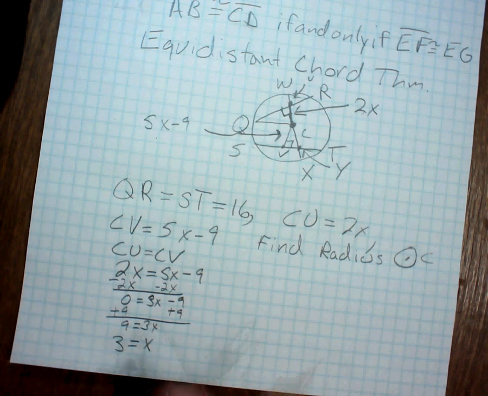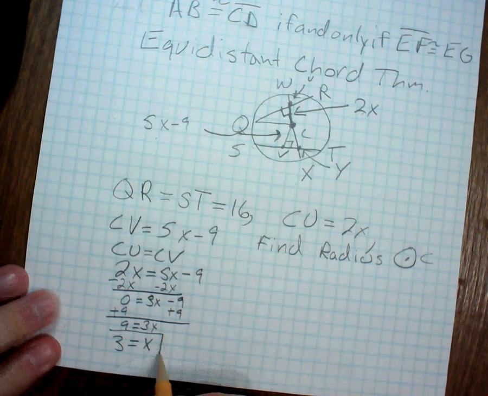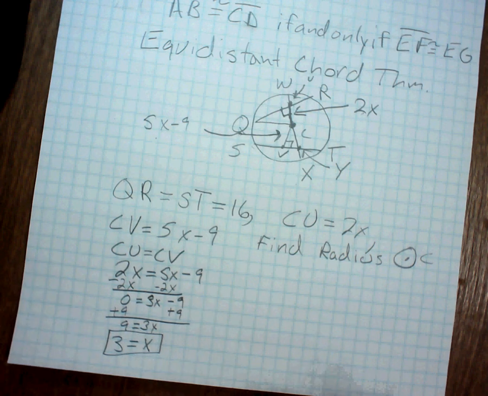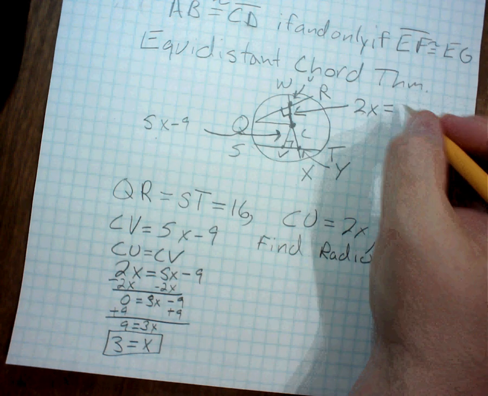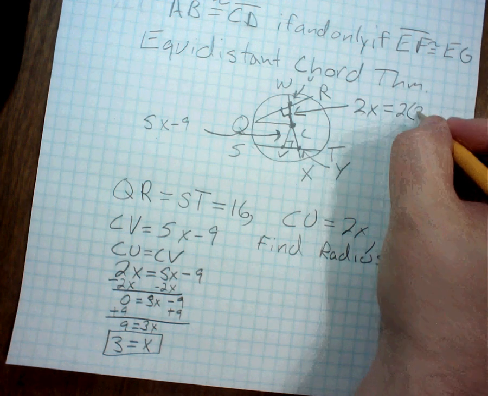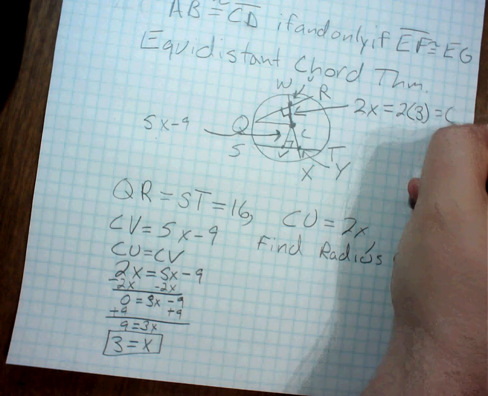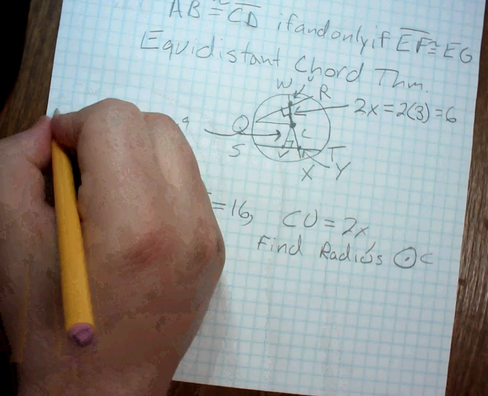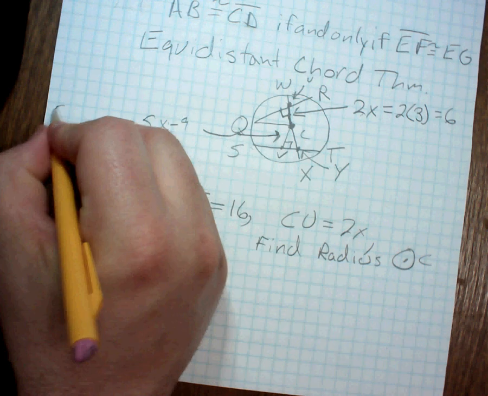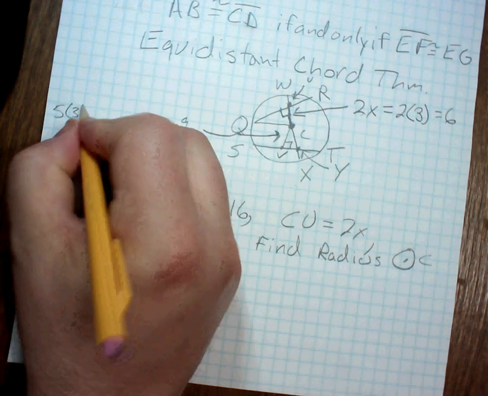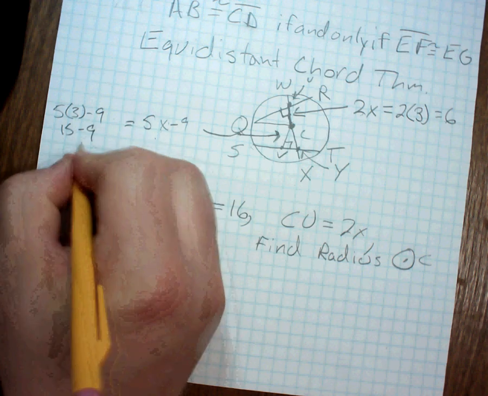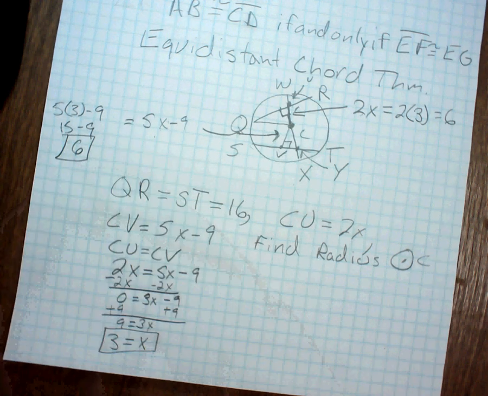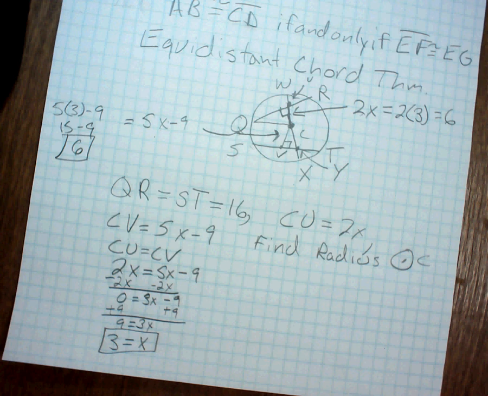Because you would divide both sides by 3. So x equals 3. Boom. So that means that CU is 2 times 3, which is equal to 6. That means that this over here is 5 times 3 minus 9, which is 15 minus 9, which is also equal to 6. Okay? Alright.